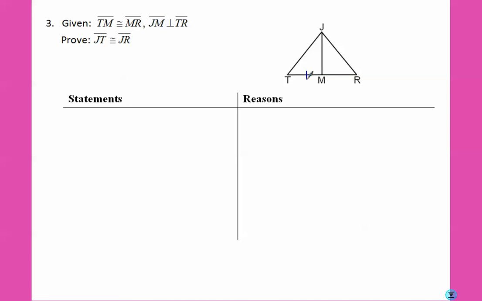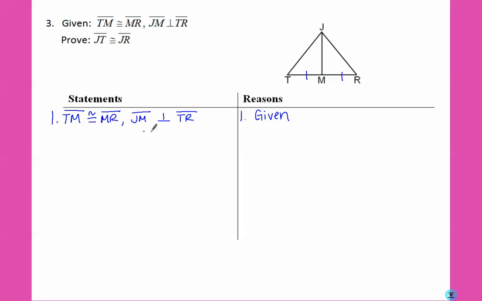TM is congruent to MR and JM is perpendicular to TR. So let's write down our statements. TM is congruent to MR and JM is perpendicular to TR. And we know this because they were given to us.